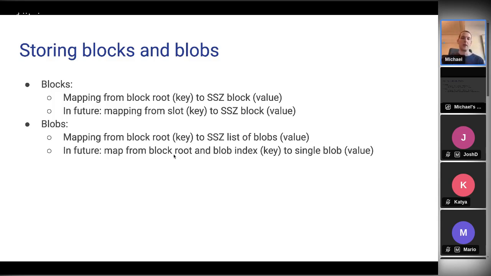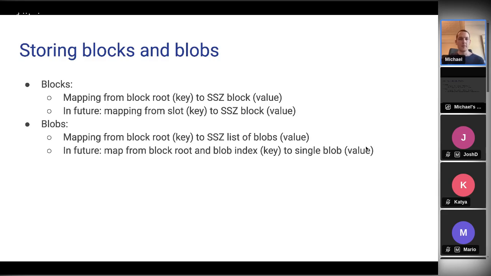The advantage of the system that we want to move to is that it would allow us to store just a subset of the blobs for a specific block. A lot of the layer 2s are not really interested in all of the blobs ever. They only want to know about the ones related to their layer 2 sequencer. This is something we want to support long term, where you can have a node that just knows a subset of the blobs.